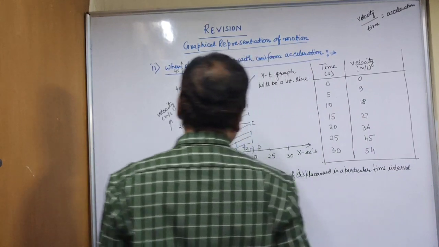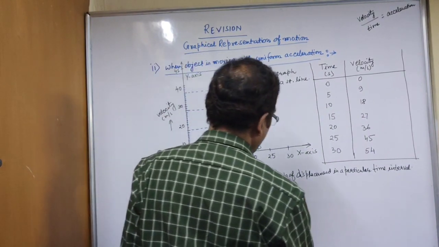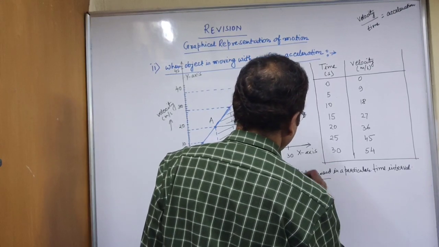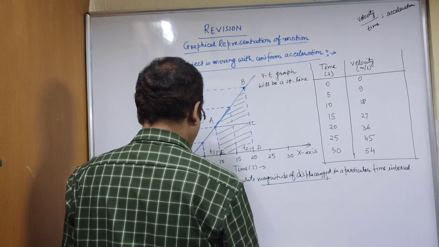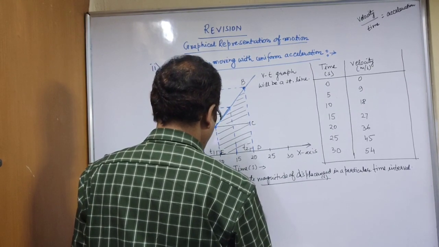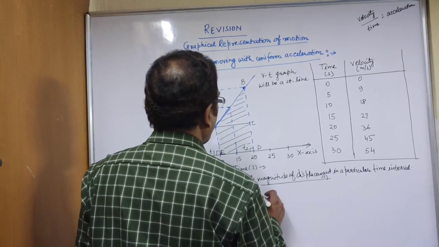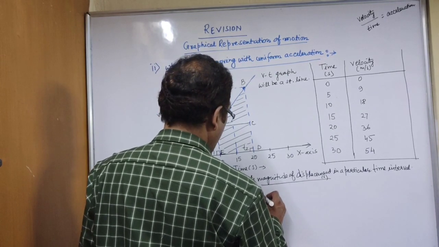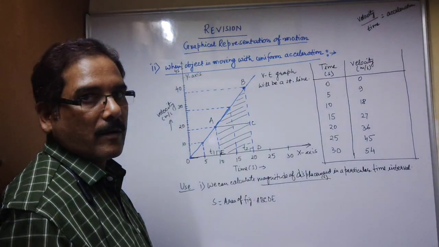So magnitude of displacement, as you know, this quantity is represented by small s letter. So we can write S is equal to area of figure A, B, C, D, E, isn't it?